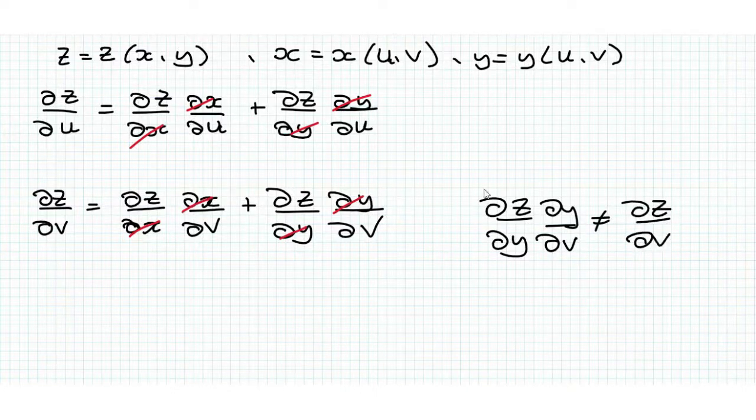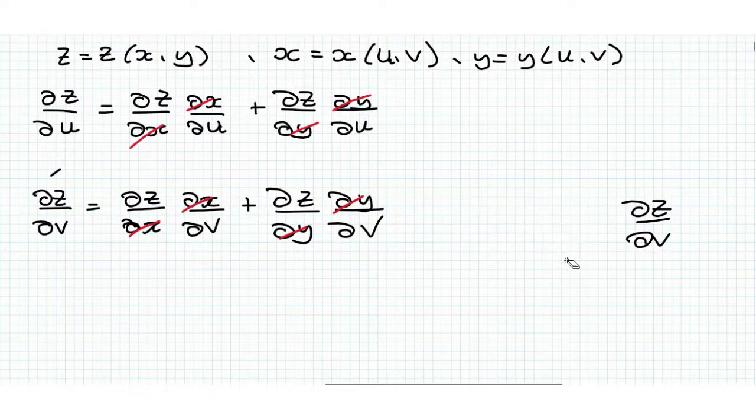Okay, so that's obviously true, otherwise why would we have this added term, right? So never think of it like that. But anyway, that's our chain rules for this setup.